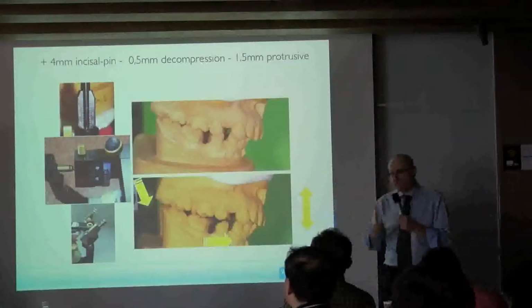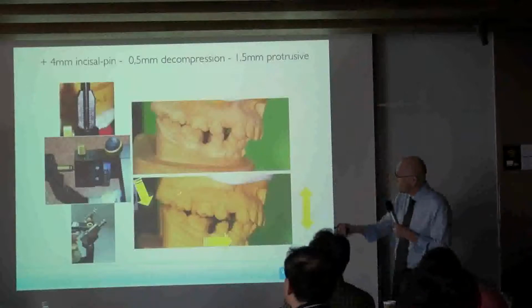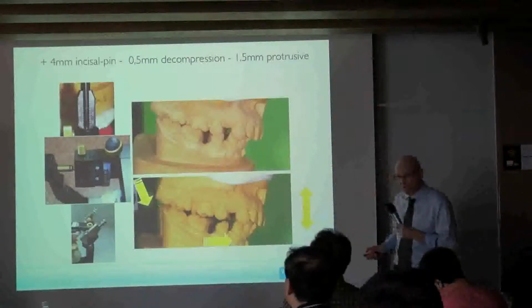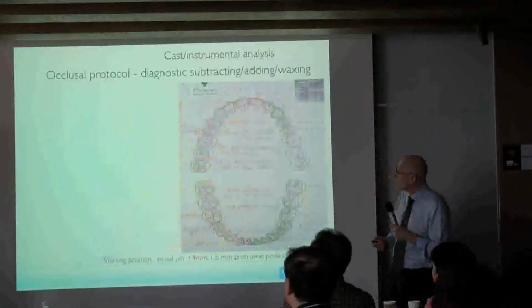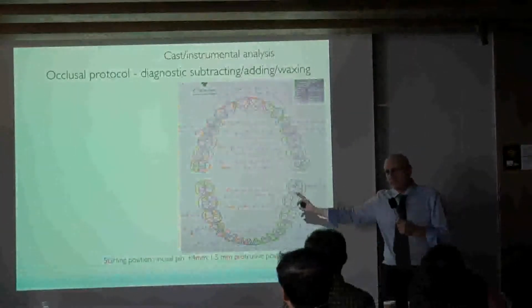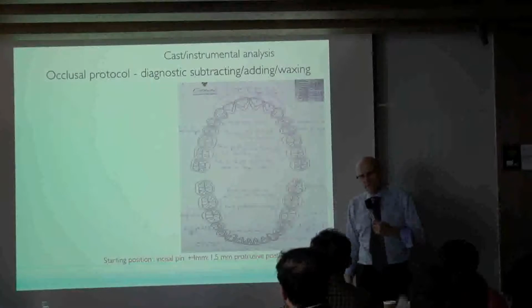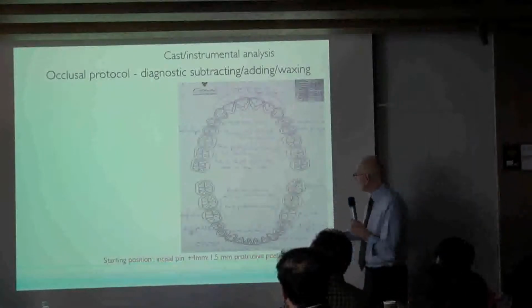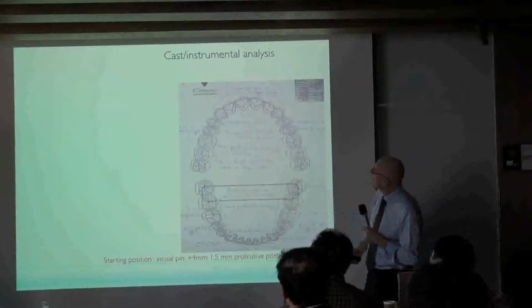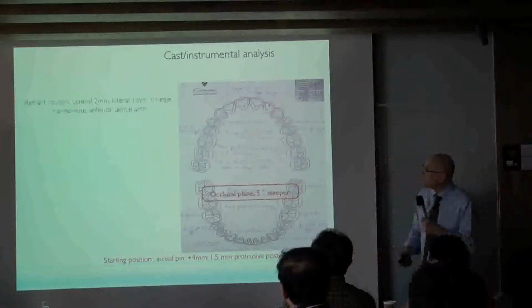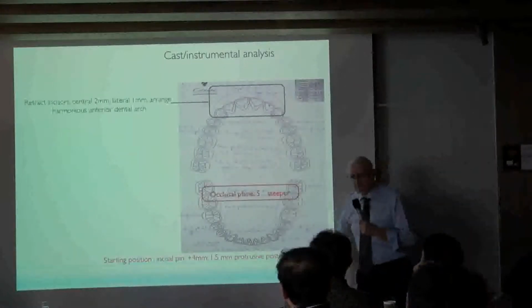We can simulate our position. So going forward, raising vertical dimension, unloading the joint, and then this is what the lab delivers to me. What do we have to do in the patient in metrical dimensions to change? You can see here. So the occlusal plane has to be 5 degrees steeper.